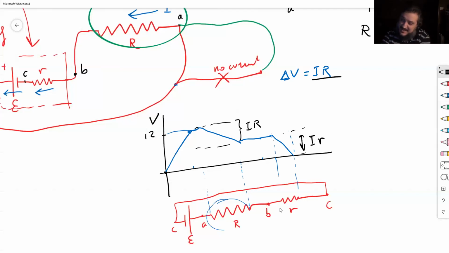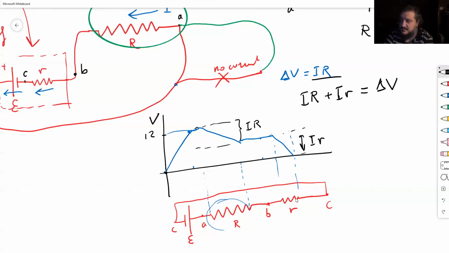So this means if I add the two, IR plus I little r, I get the actual terminal, I'm sorry, not terminal. I get the actual EMF.